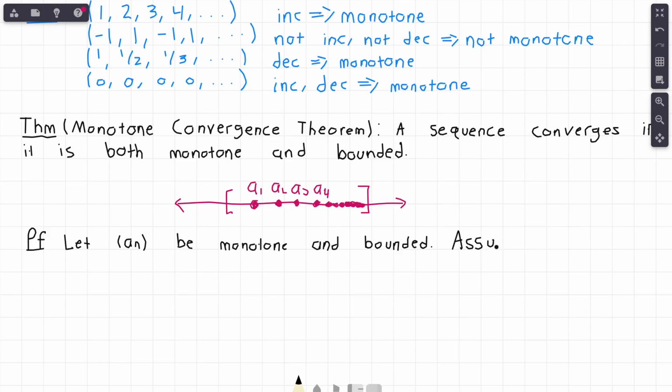So assume, without loss of generality, that our sequence a_n is increasing.